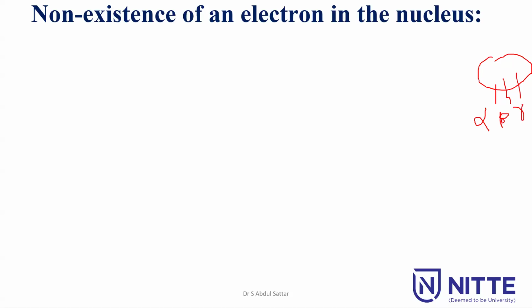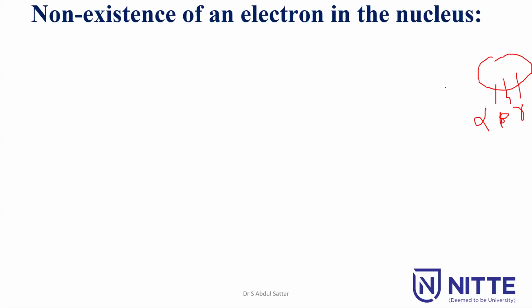An alpha particle is nothing but a helium nucleus, having two protons and two neutrons, because the nucleus is made of protons and neutrons.